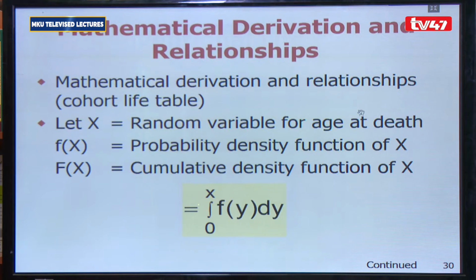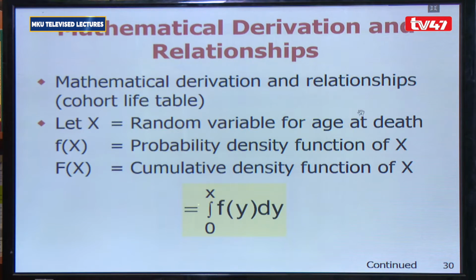So the next thing, we shall look at the mathematical derivation and the relationship between all those actuarial notations that we have mentioned, that is nqx, npx, ex, and many others. Before we can continue, I want us to define some things so that they are clear. When we refer to X, this would be the random variable for age at death.